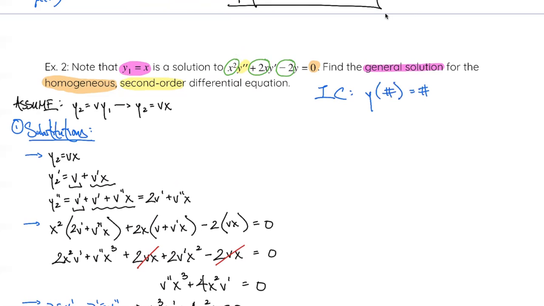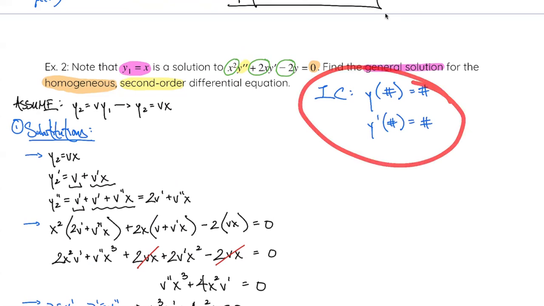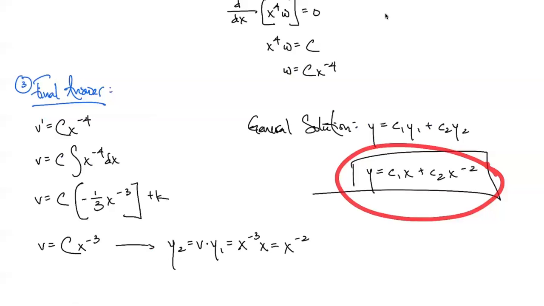You'll get a second initial condition that's like y prime of something equals something else. And you're going to be able to use these initial conditions to find your C1 and your C2. Okay, that makes sense. Thank you.